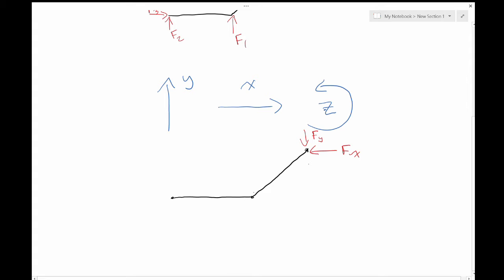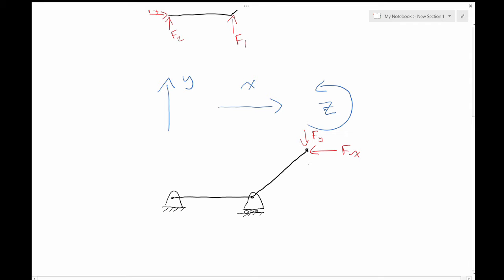So here I'm going to draw a pin, and it's going to be on some rollers, and then that's going to be on the ground. And over here I'm going to draw in a pin again, and it's just going to be directly resting on the ground.